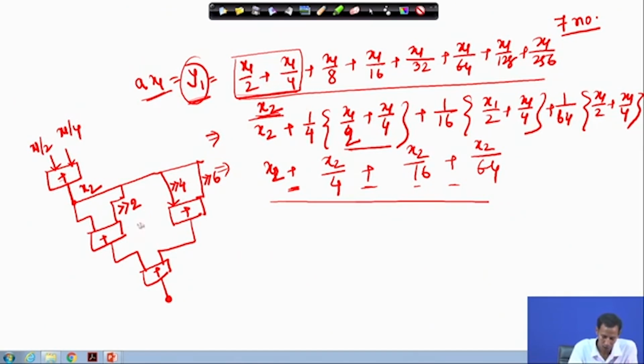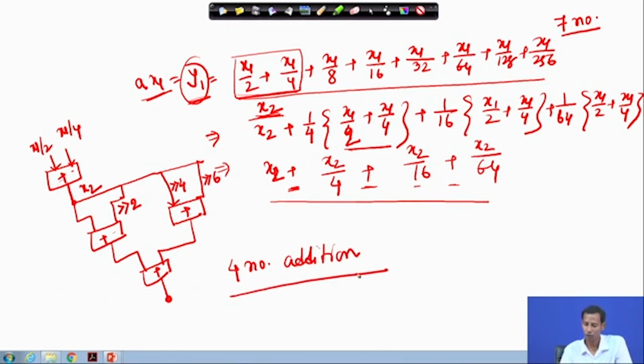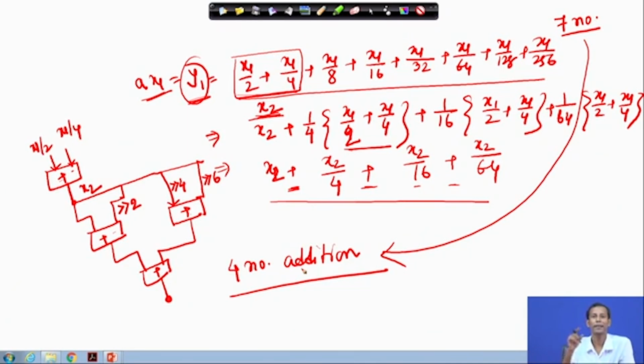So, then how many are required? 1, 2, 3, 4. So, that means 4 addition operations I require now. So, the number now comes down from 7 to 4. So, for one particular multiplier, this number has come down to 4.